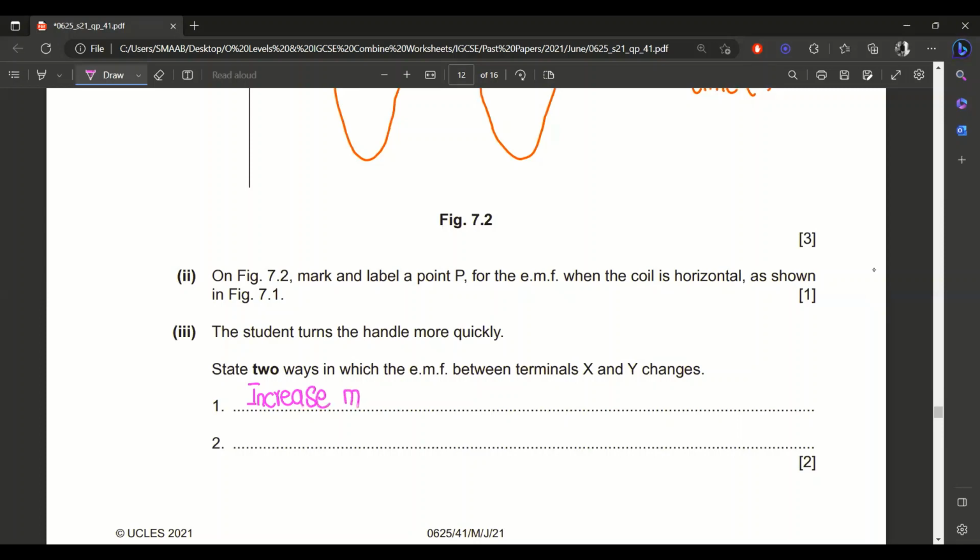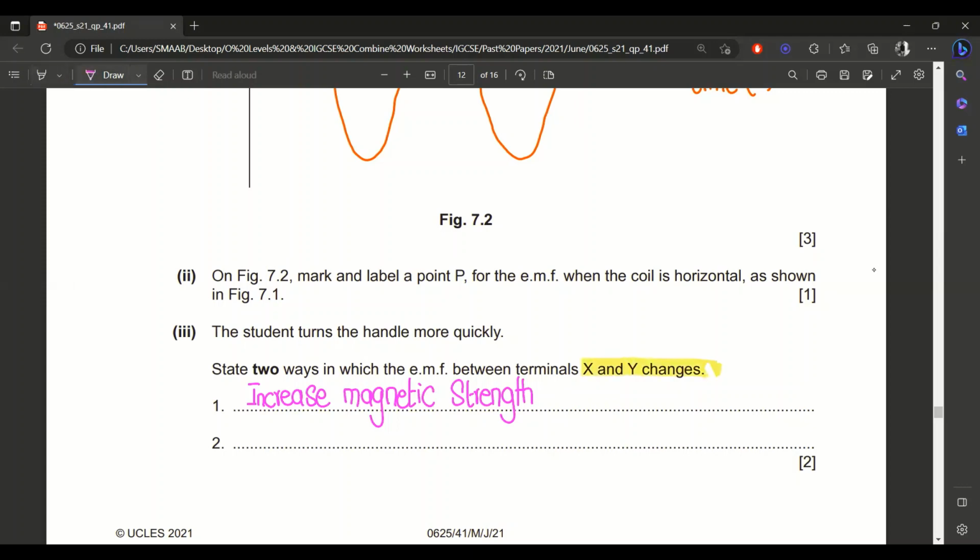Increase magnetic strength. And part two. The magnetic field? Okay, sorry, they are asking to state two ways in which the EMF between X and Y changes. So they are talking about the change.